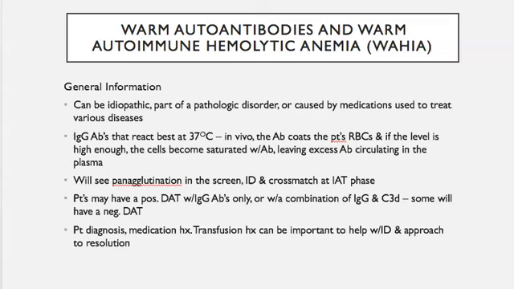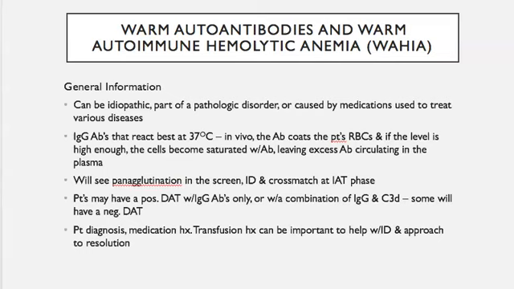The antibody coats the patient's red cells, and if the level is high enough, the cells become saturated with antibodies, leaving excess antibodies circulating in the plasma. You would see pan-agglutination in the screen, in the identification, and in the cross-match at IAT phases. Pan-agglutination just means that you're going to see reactivity in almost every cell, if not every cell.